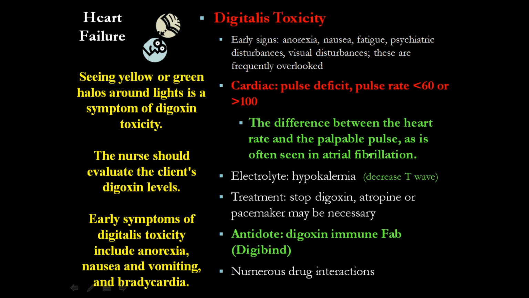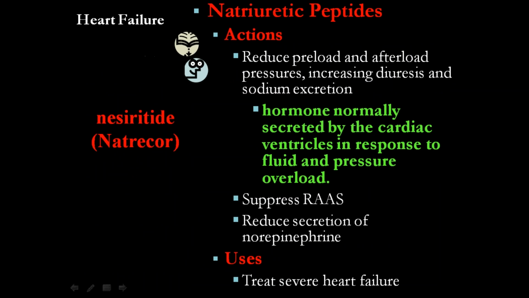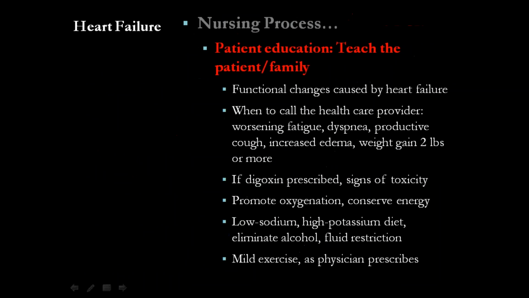And if you take the lab test and your potassium is elevated more than 3.5, you are going to use the antidote, the digoxin immune Fab, Digibind. All right, so you need to hold the treatment with digoxin if your pulse rate is less than 60.